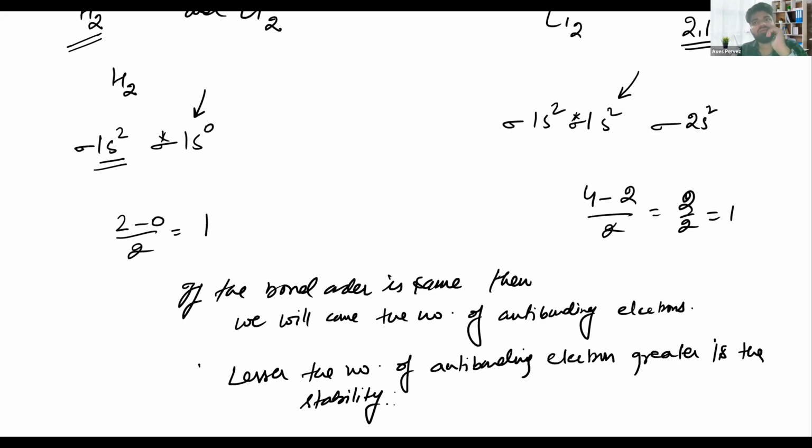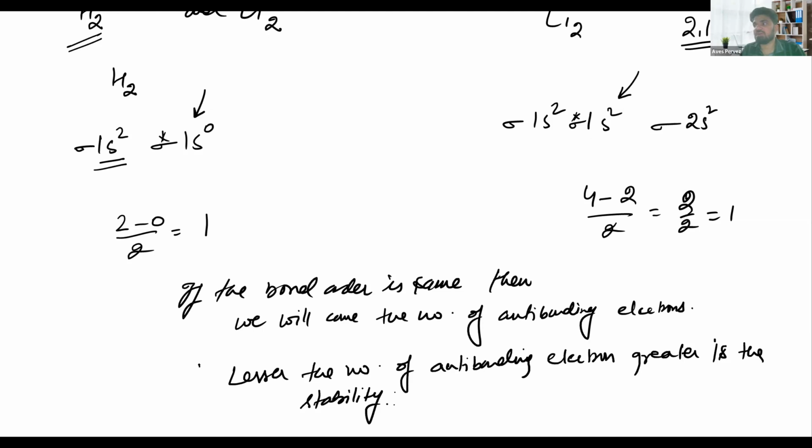Now the paramagnetic and diamagnetic nature. Molecular orbital theory gives us the idea of whether a molecule is going to be paramagnetic or diamagnetic in nature.